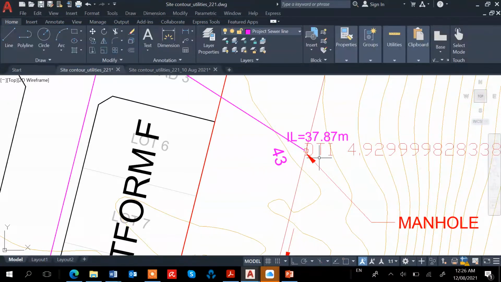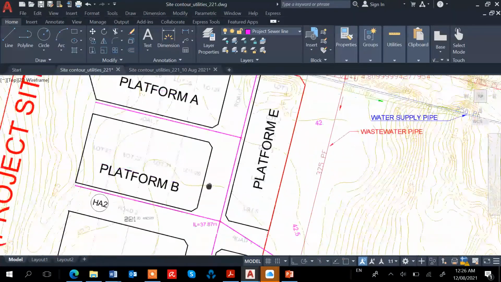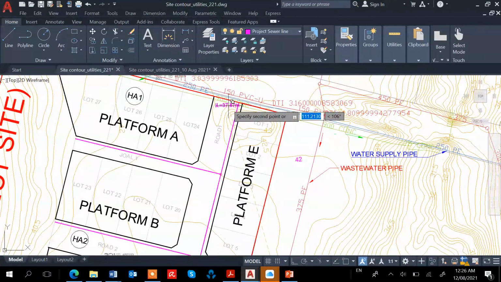Okay. So that's the invert level, and we need to find out the different levels. I just copy the point here, this point, this point, and probably this point.